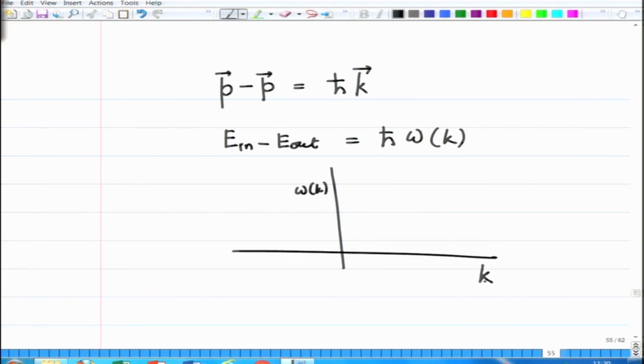And this is how the experiments are done. More subtleties are whether you take constant energy neutrons coming in and measure at different angles what energy is going out and so on, but this is how the experiment is performed.